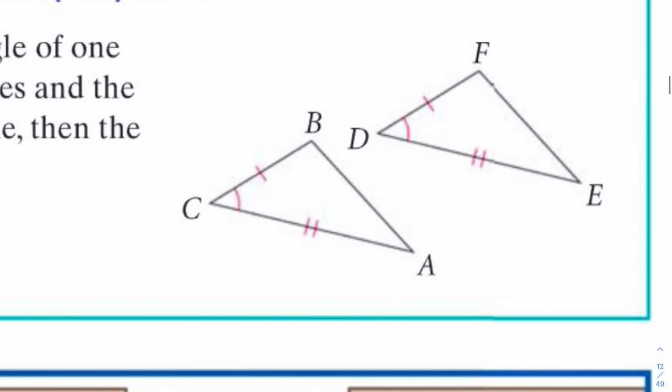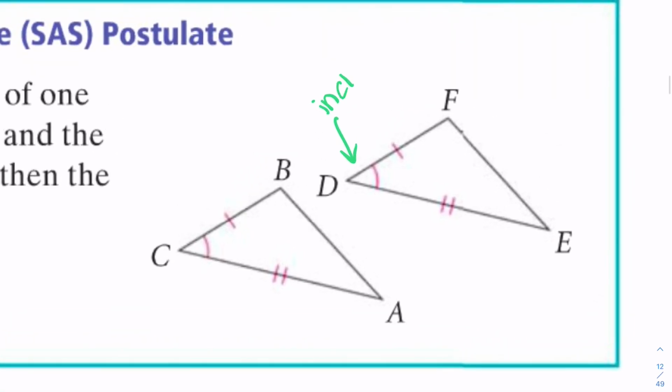And then what else do we notice? We see that by side, angle, side, we actually also have enough information. Don't forget, that's your included angle. Why is it included? It's stuck between the 2 sides. So look at this, side, angle, side. And I'll highlight those sides now.